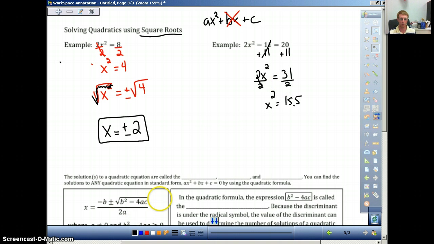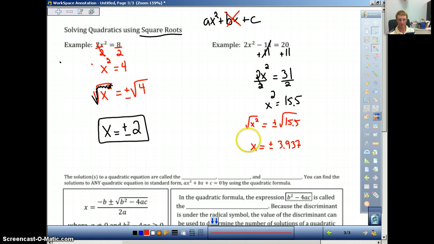Okay, and then we take the square root of both sides. I'm going to write that separately. And don't forget, it's got to be plus or minus square root. So we end up with x equals 3.937, and that's plus or minus. Two solutions.